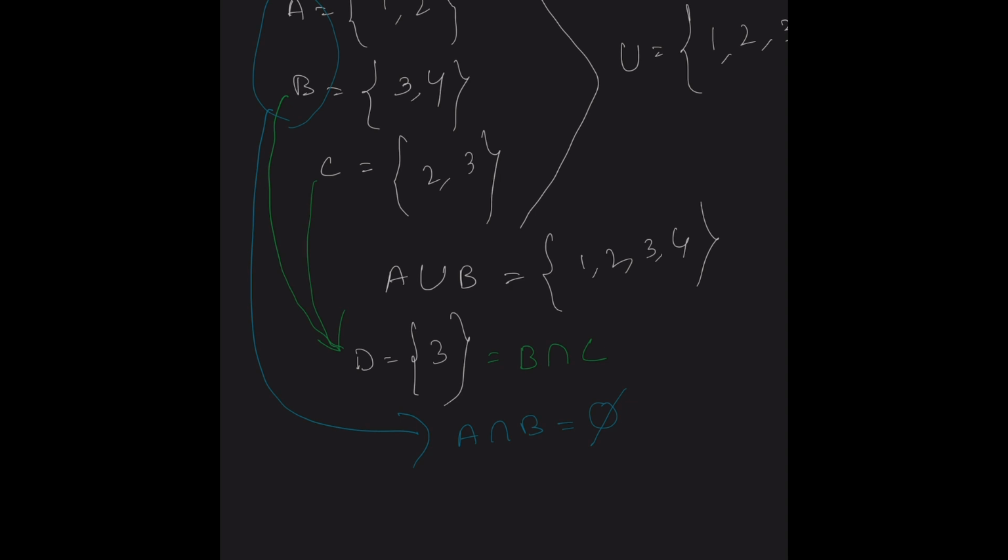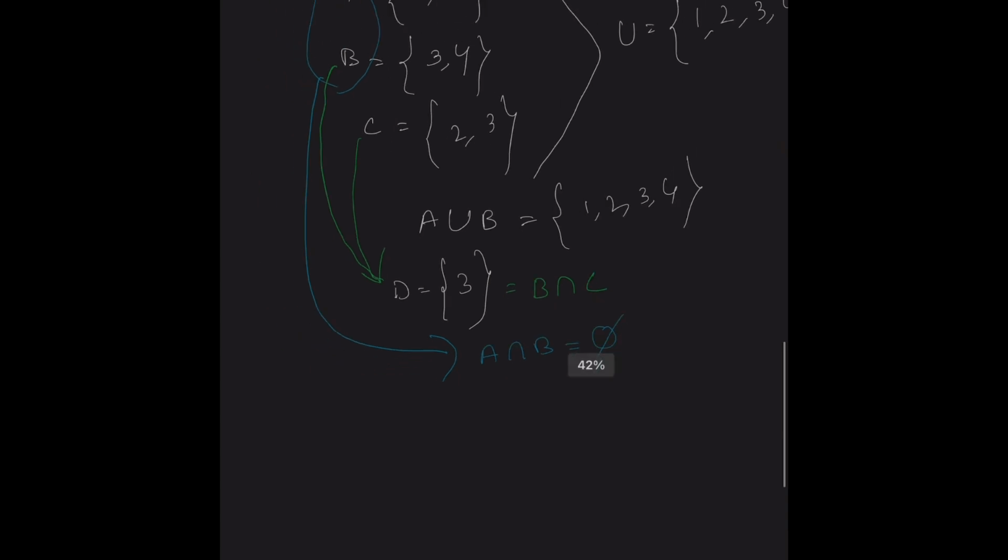There's another thing called complementary set. To define a complementary set, I think it's best we try to understand what a Venn diagram is. The Venn diagram is basically representing sets in a geometrical way.